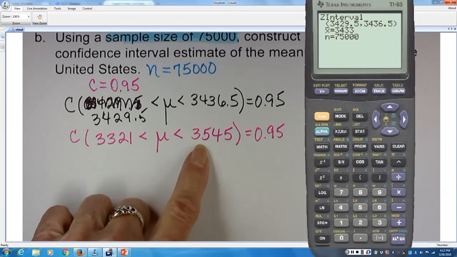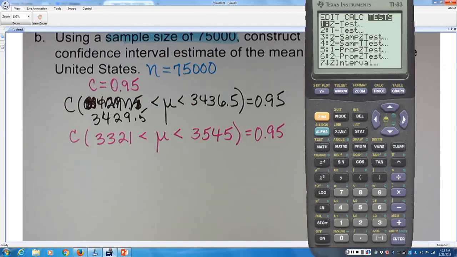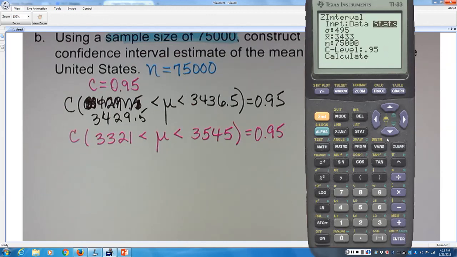I'm looking at what did we do? Did I transpose a number when I wrote it down? Let's go back and double check the numbers. 35, 45, and 33, 21.